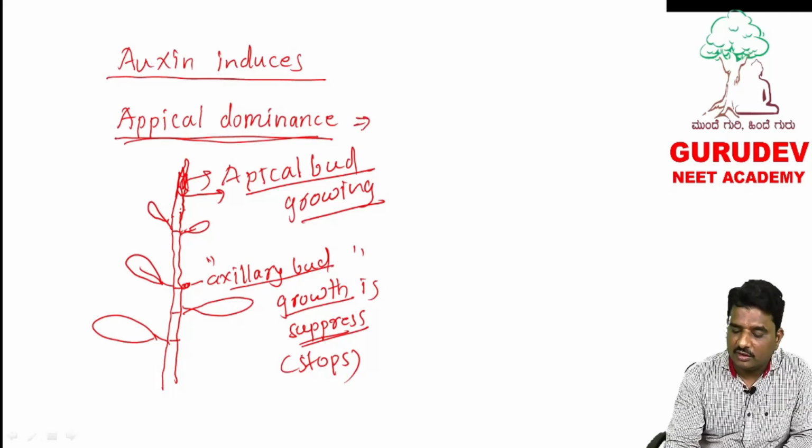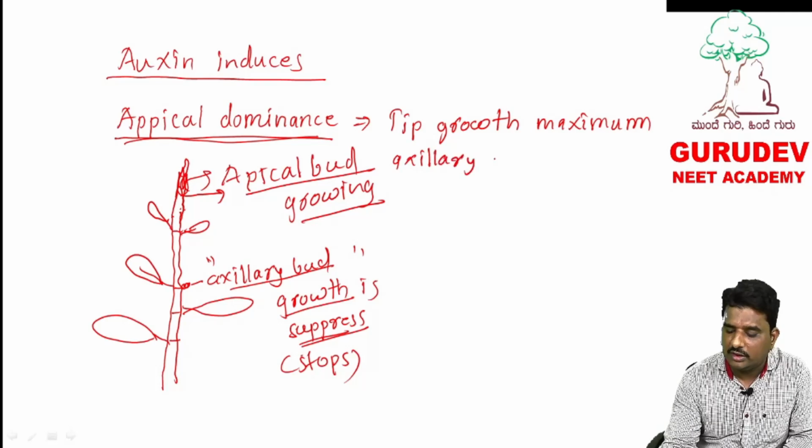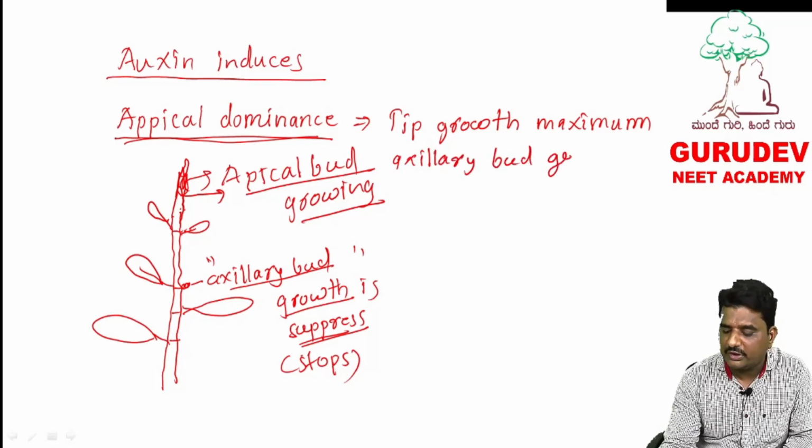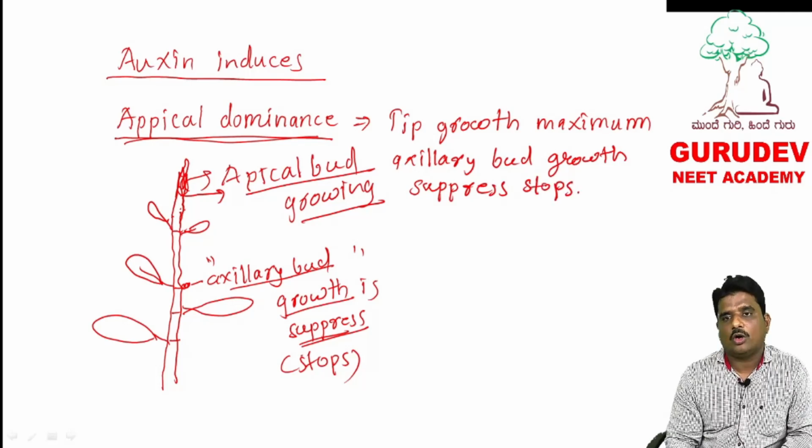That means the tip part grows maximum and axillary bud growth is suppressed or stops.